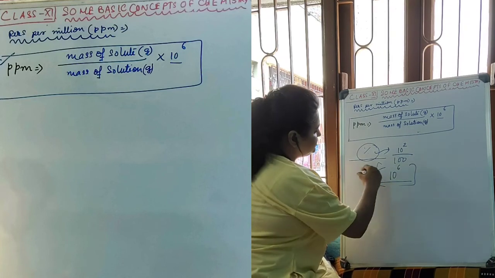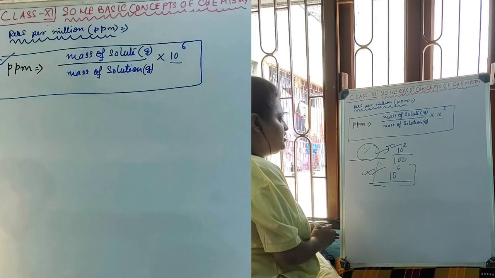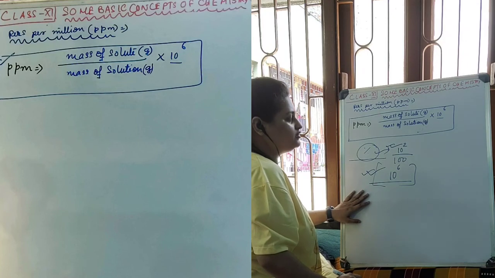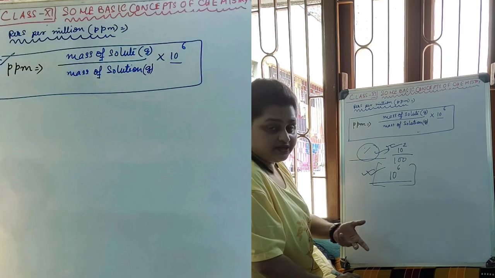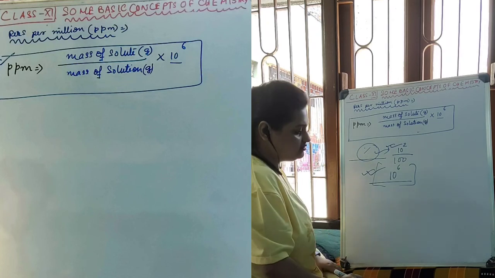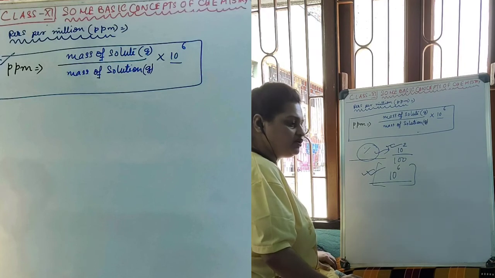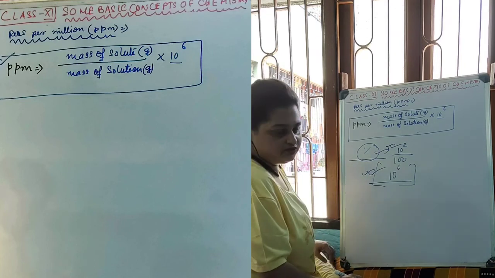Now, why do we need to do that when we are already expressing it in terms of solution? There are lots of other solutions you will find. Supposedly, if you are to detect arsenic content in our normal tap water, the amount of arsenic you will find is a very minute amount.